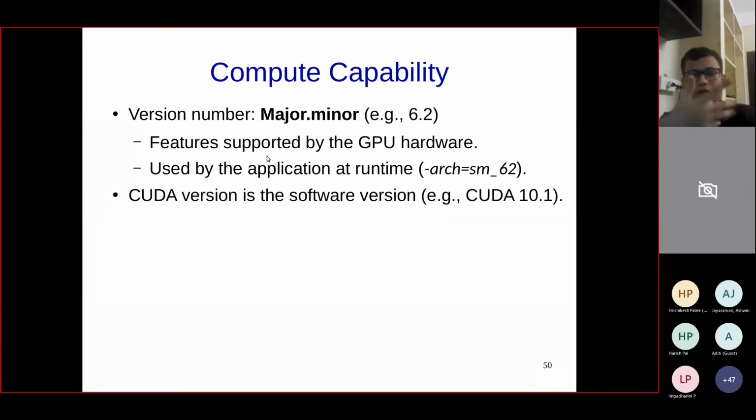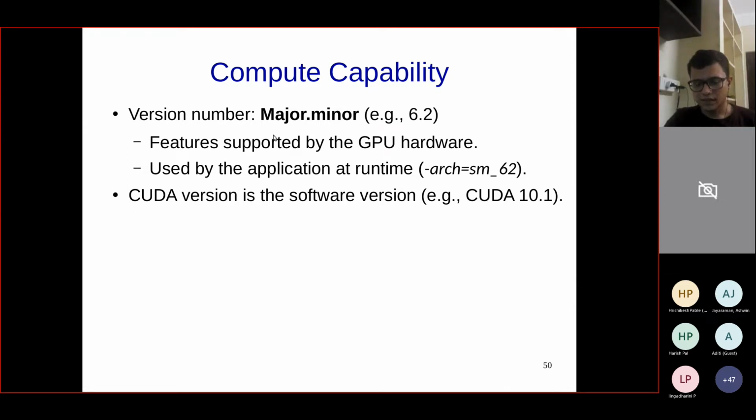Okay, so let us move further with compute capability. If you people know, there is some version number associated with each GPU. You might have heard that, let us say, NVIDIA RTX 3050 has compute capability of 8.6, or version number as 8.6.